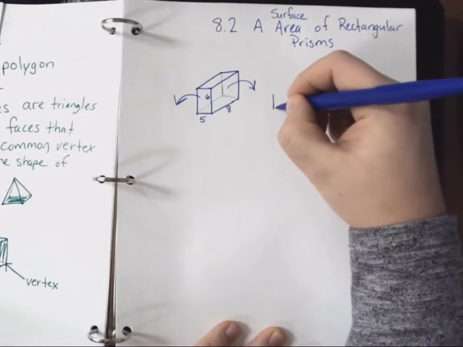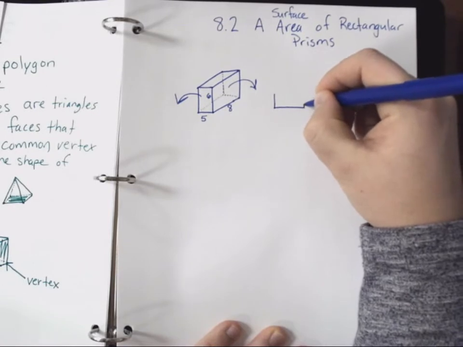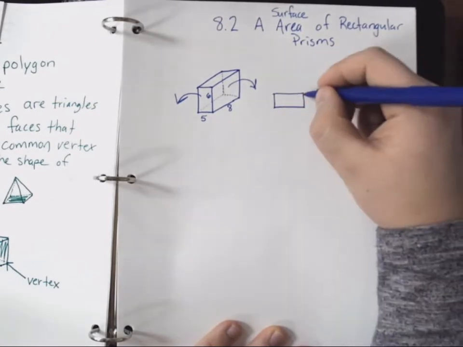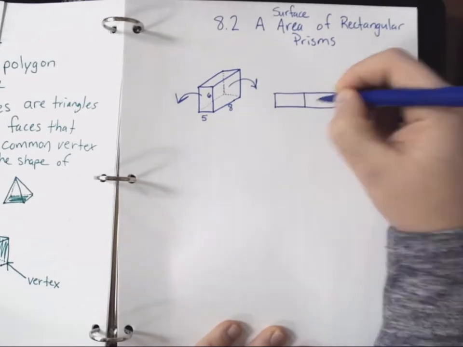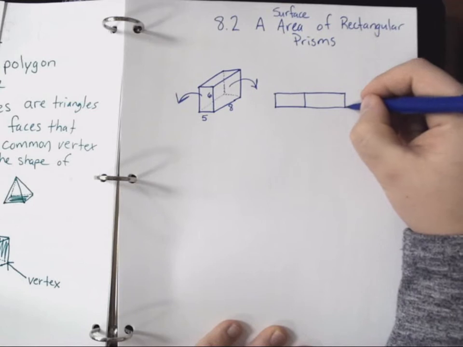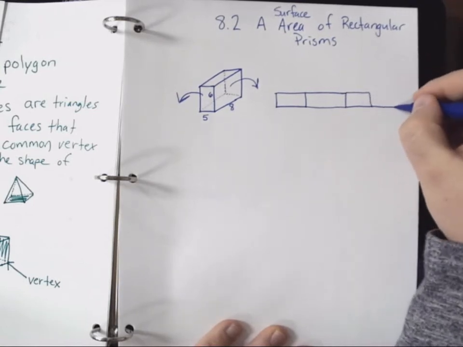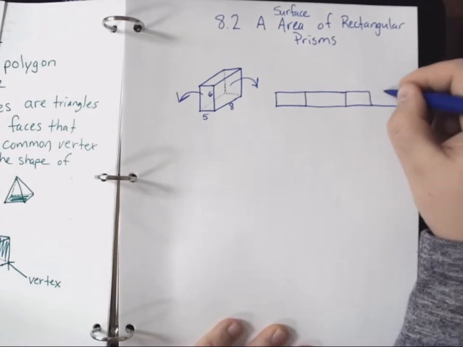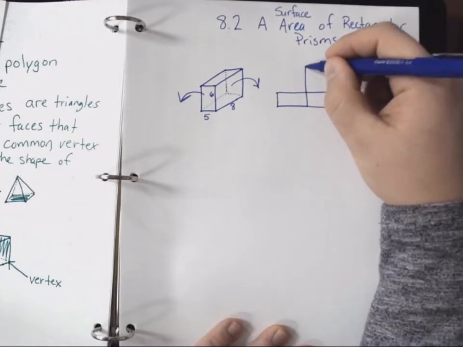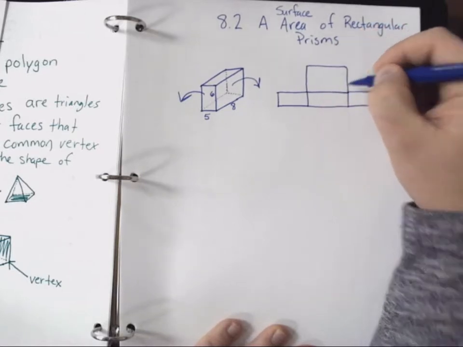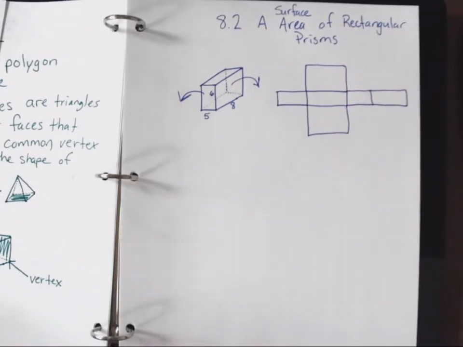We would have a piece like this, then an even longer one here, then another little bit shorter one, and then another longer one. Off of our two sides we would have our big fat side here and another big fat side here. So this is kind of what it would look like.